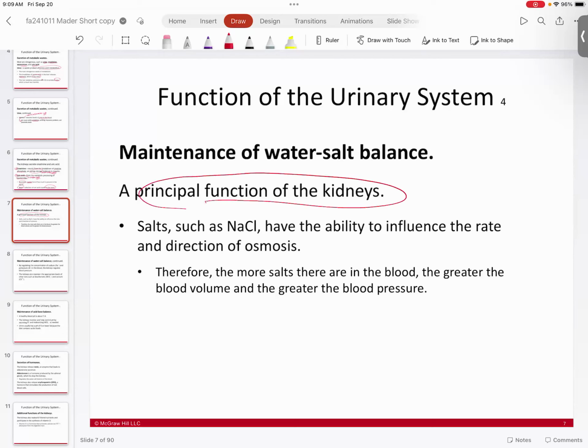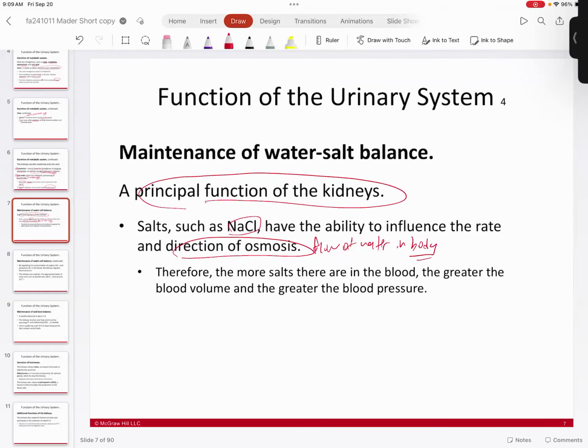So typically when we talk about salts, we talk about sodium chloride. These will basically be the influencers of directional water flow, which is basically osmosis, the flow of water in the body.